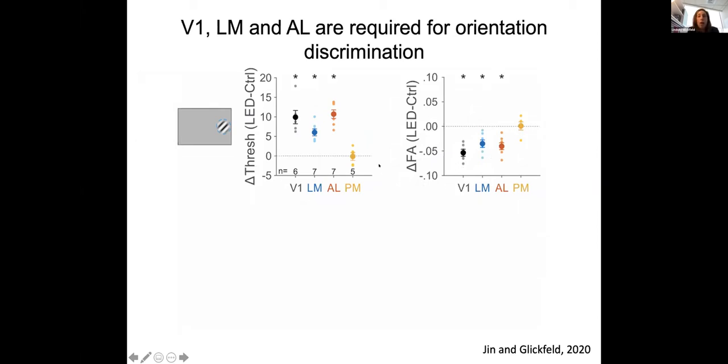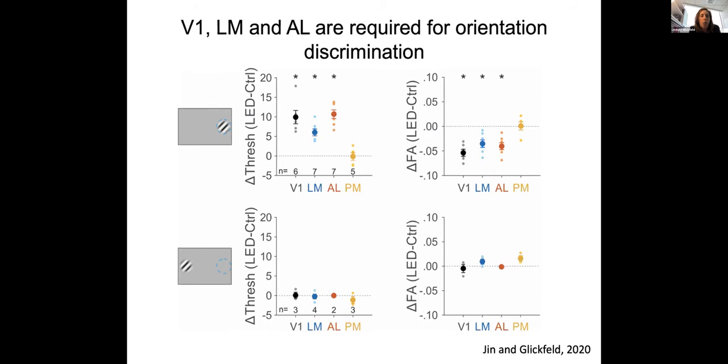So one possibility is that this manipulation that we're making really has nothing to do with the animal's ability to perceive the stimulus. It simply is just distracting the animal, causing some general change in arousal. And so in order to determine whether there might be some general effect on the animal's behavior, what we did was move the visual stimulus outside of the receptive field of this population of neurons.